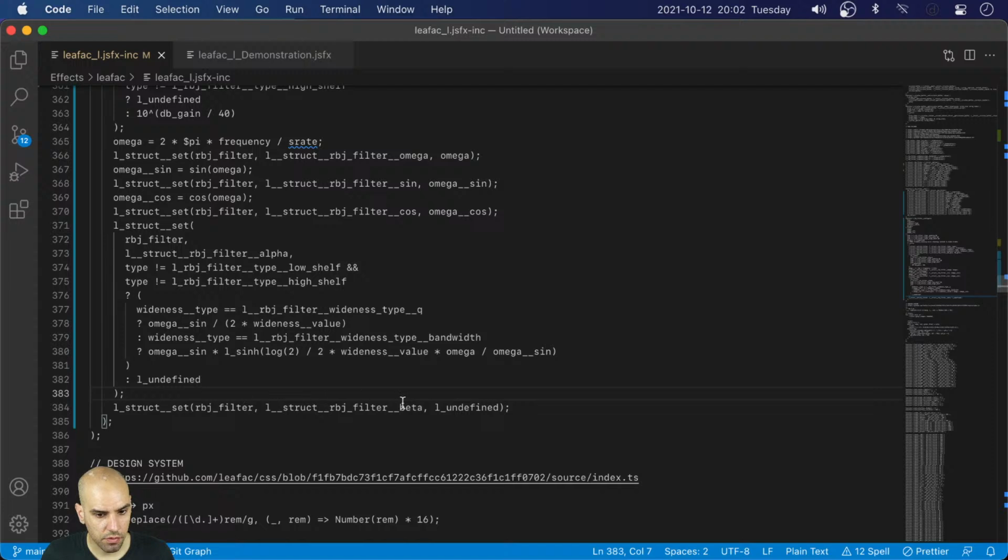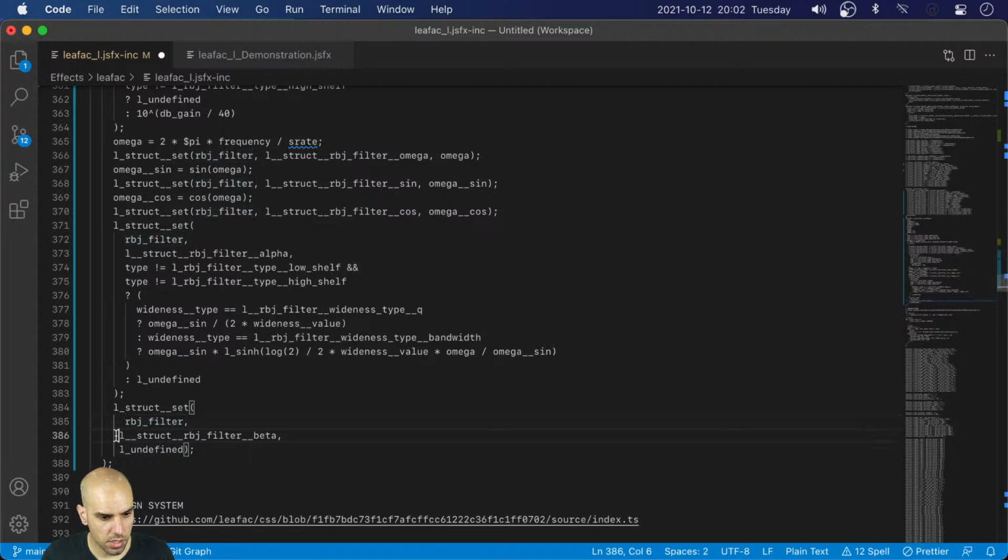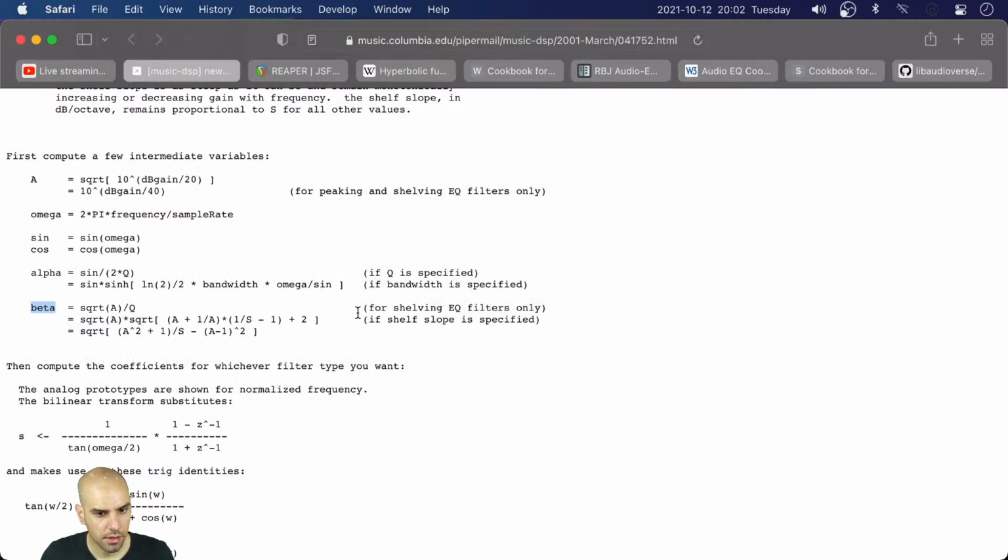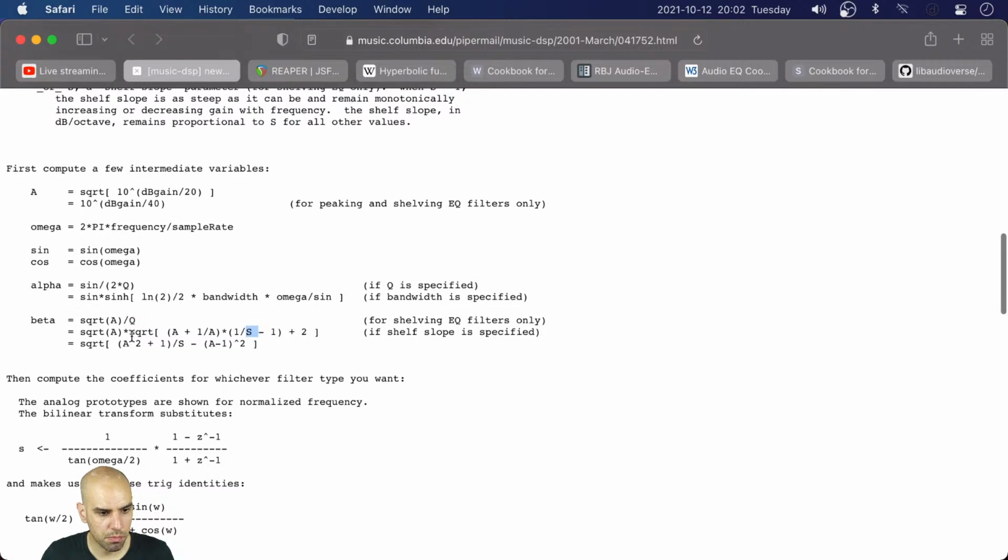And then, yeah, for beta, let's do this. All right, for shelving EQs only. And then we use the slope if necessary. So we have an equation for Q, we have an equation for slope, and we have an equation for bandwidth.